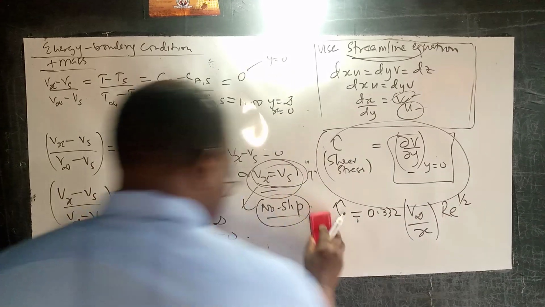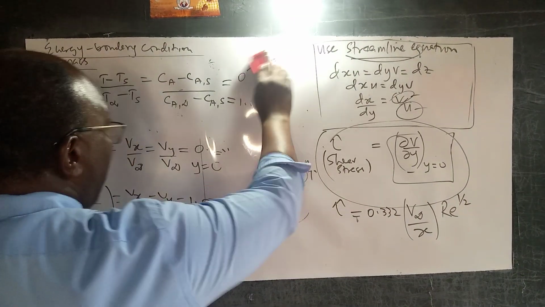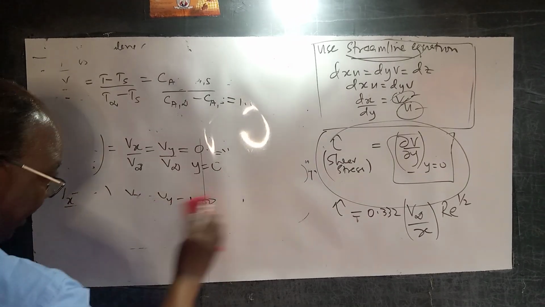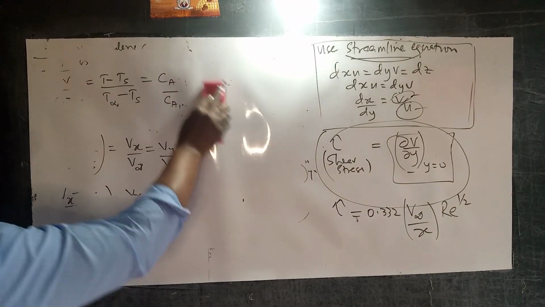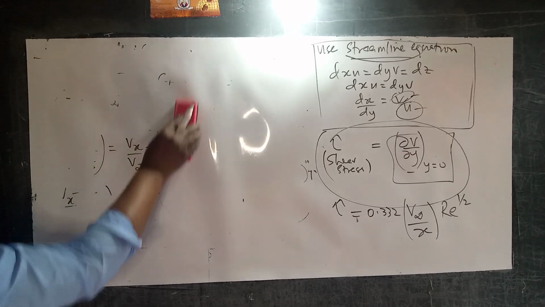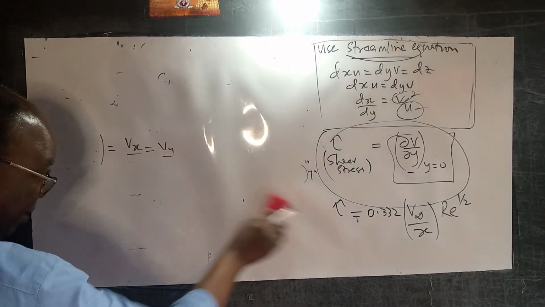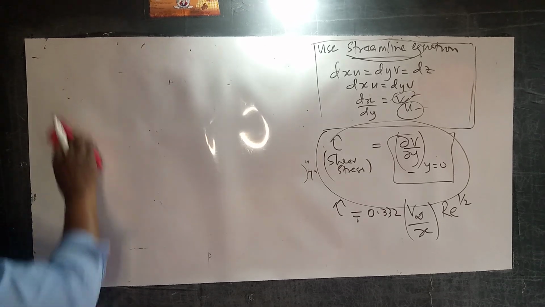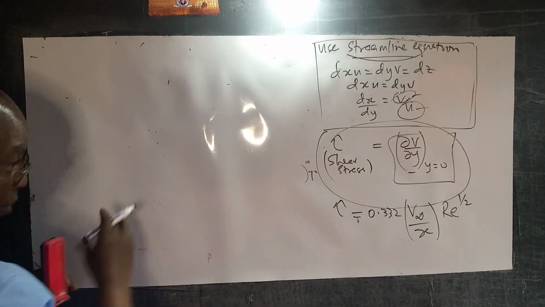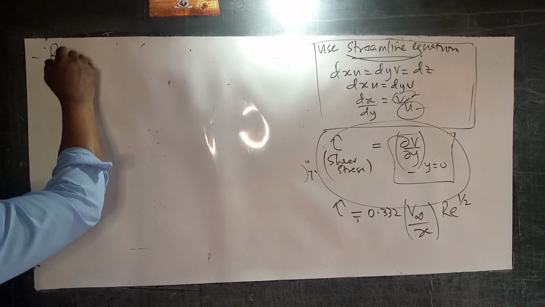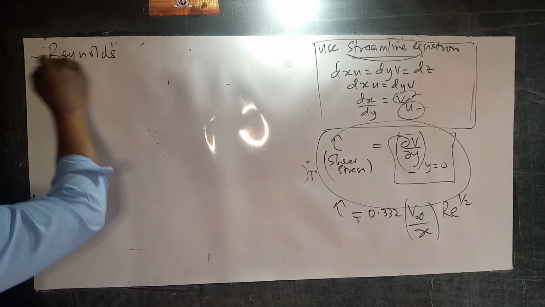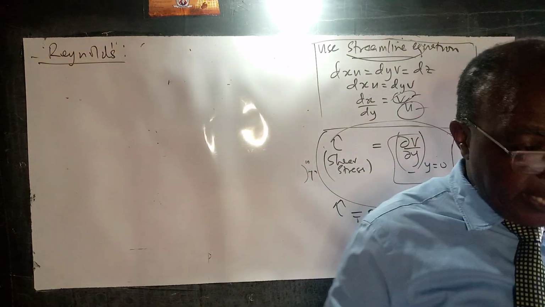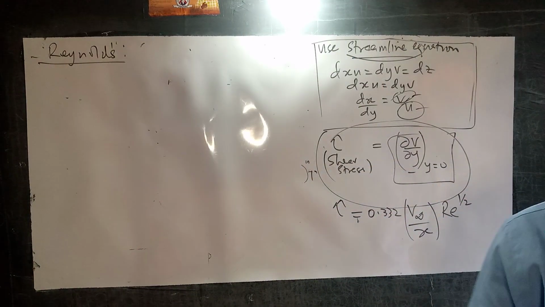Now, I've not spoken much about Reynolds number. We just mentioned it in one or two lectures. So let's just remind ourselves what Reynolds number is. Reynolds number is an important quantity in assessing the flow pattern in a fluid.